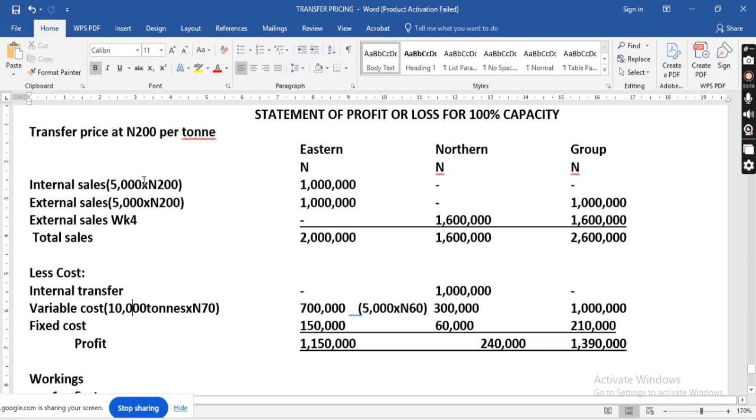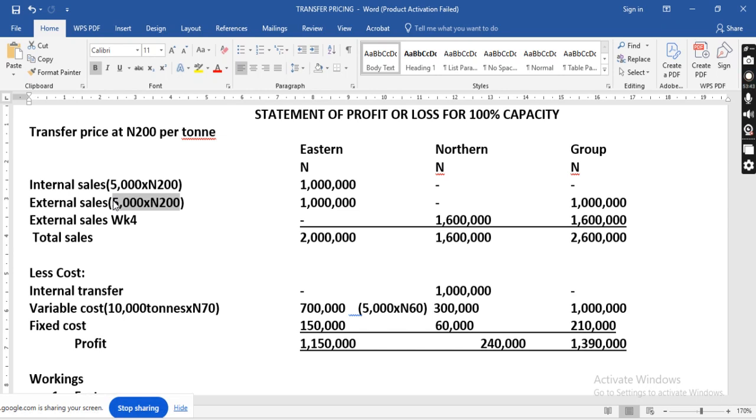Now, you sell 5,000 tons to internal. You sell 5,000 tons to external. What is the total tons that you sell? 10,000.